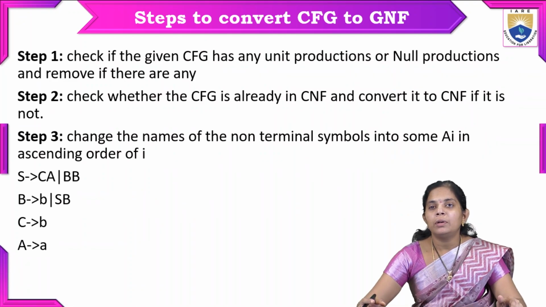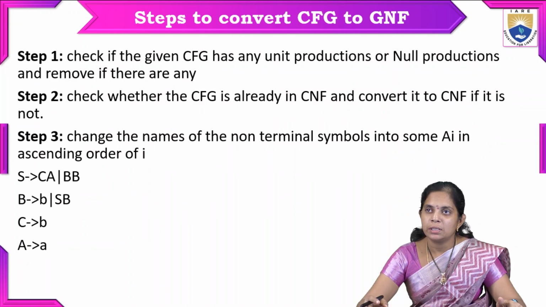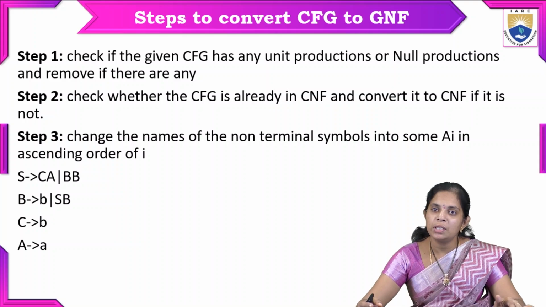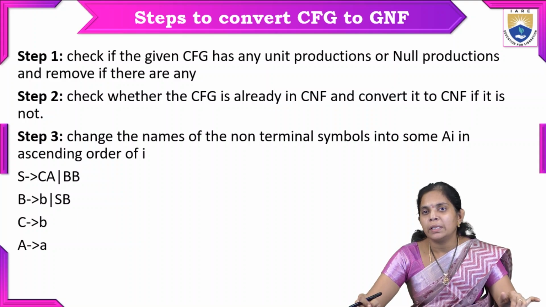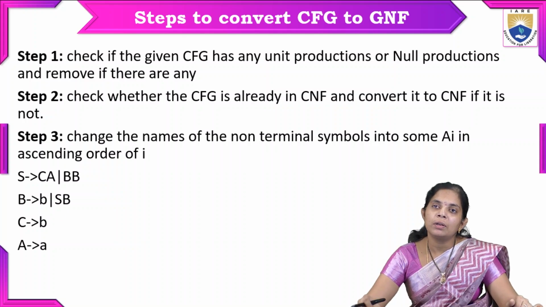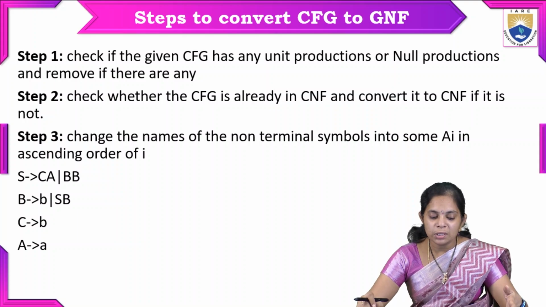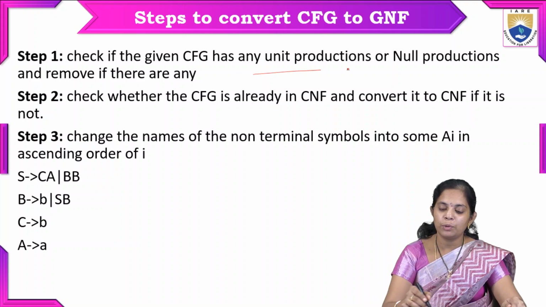And how to convert a given CFG into a GNF. So the input is a context-free grammar, and then we need to convert it to a GNF, Greibach normal form. So here check if the given CFG has any input production.